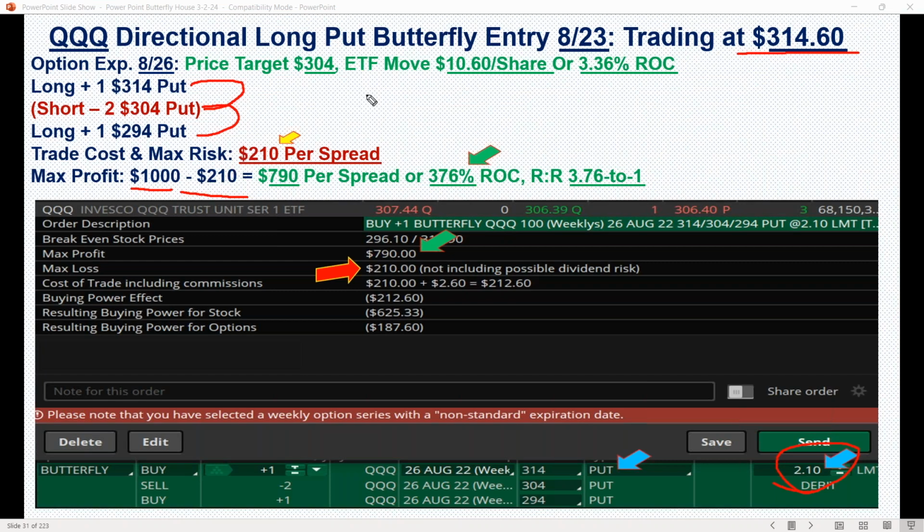The potential profit was going to be $790 at expiration if it went out at the top of the butterfly. That would be a 376% return, or risking $1 to make $3.76. If you had shorted the shares and made that profit, going down $10 per share to 304, that would have been a 3.36% return.